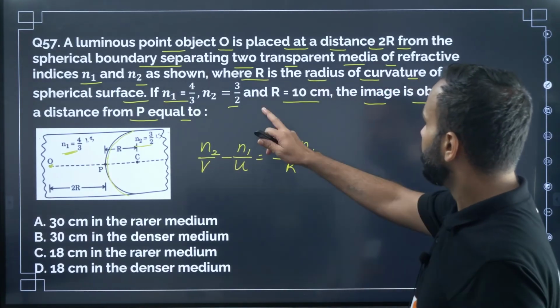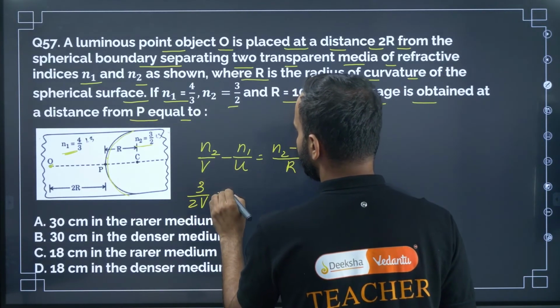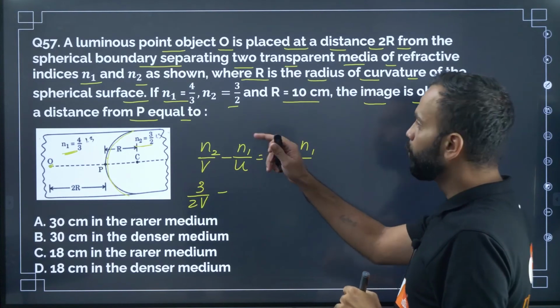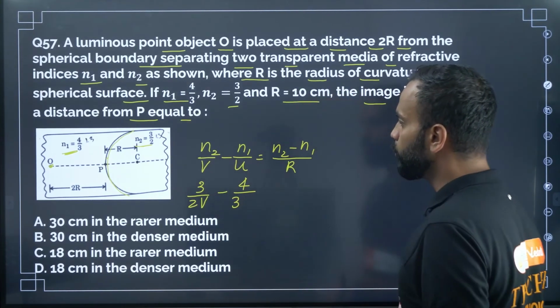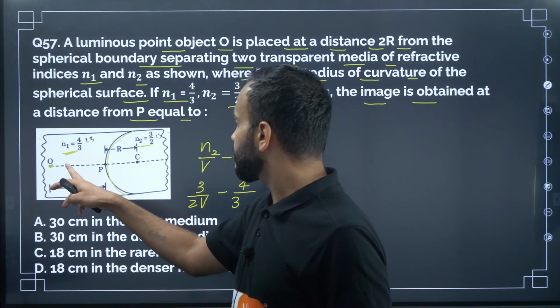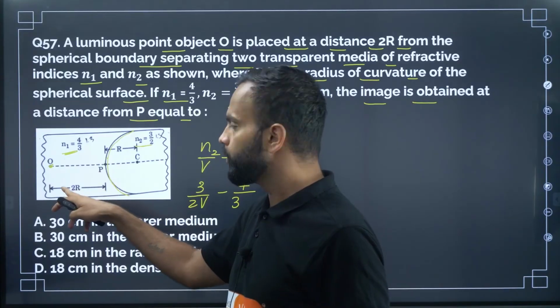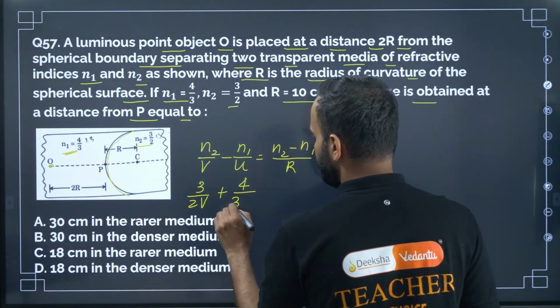What is the value of n2? 3 by 2. So 3 by 2v minus n1, and n1 is 4 by 3, so 4 divided by 3 into u. u will be minus 2r. Why is it minus 2r? Because the direction of measurement of u is opposite to the direction of the incident ray.